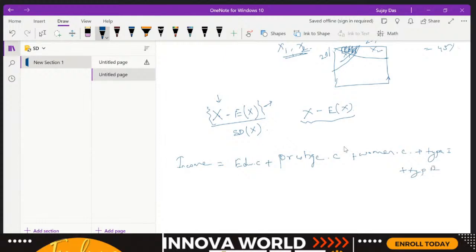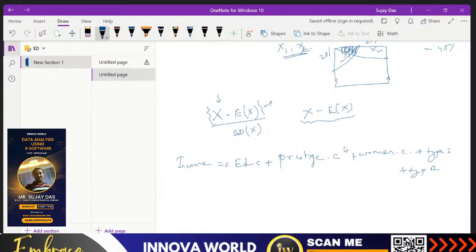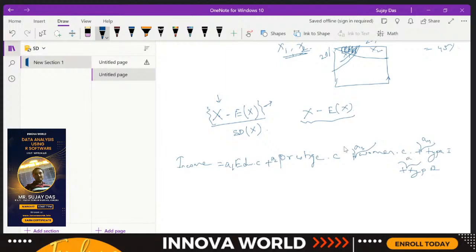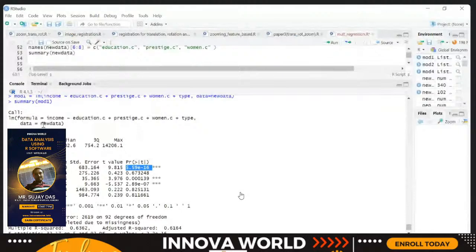And suppose the coefficients of these variables are a1, a2, a3, a4, and suppose a5. And we have got the values of these coefficients here.